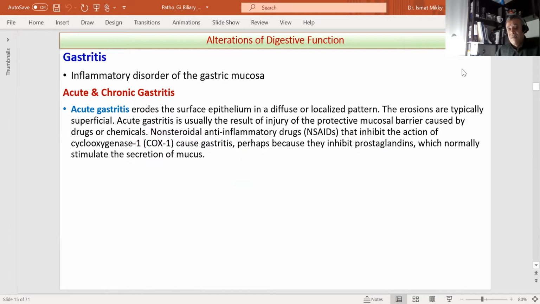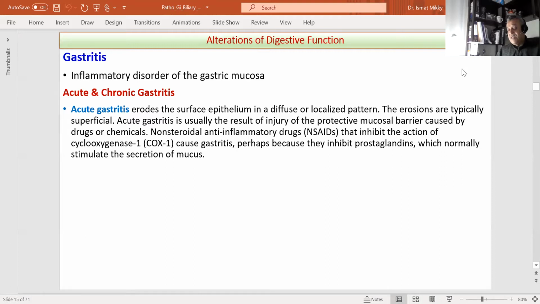Gastritis is the inflammatory disorder of the gastric mucosa, and it can be acute versus chronic. The most common etiological factor for patients to develop gastritis is the frequent use or abuse of NSAIDs, non-steroidal anti-inflammatory drugs.